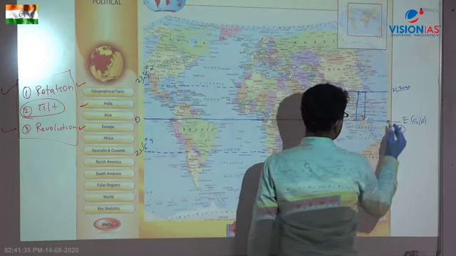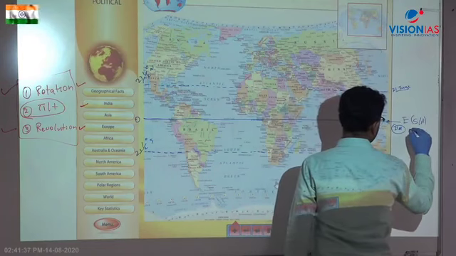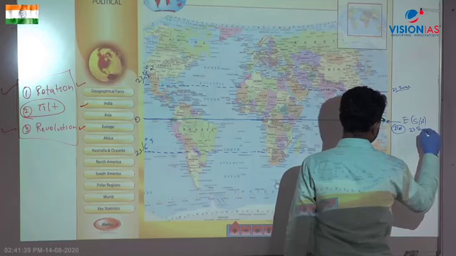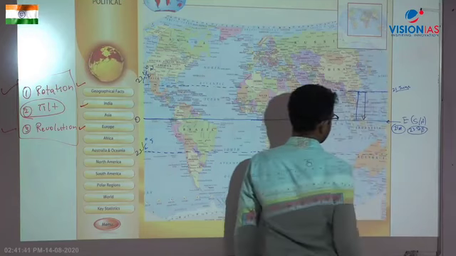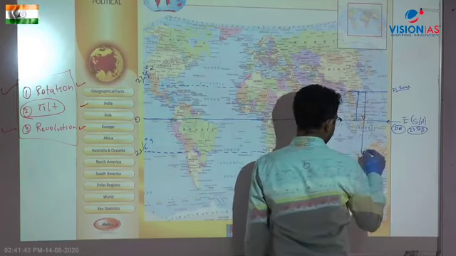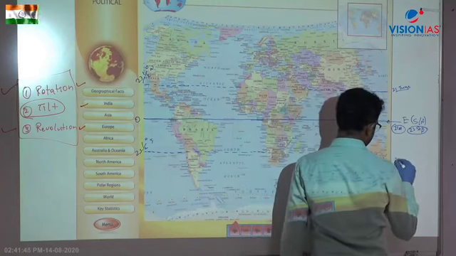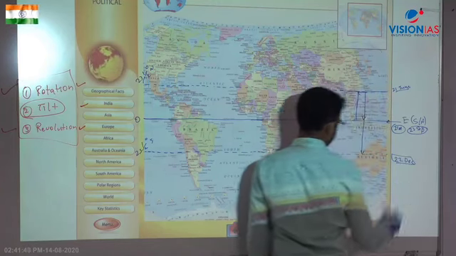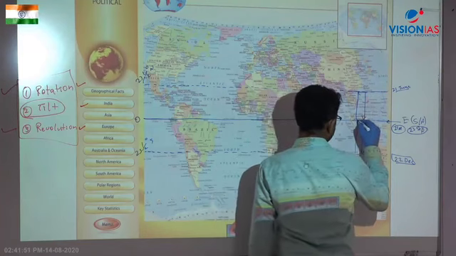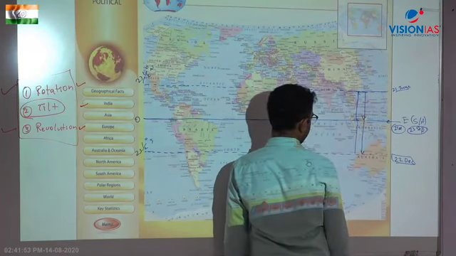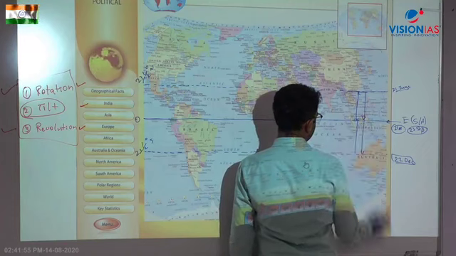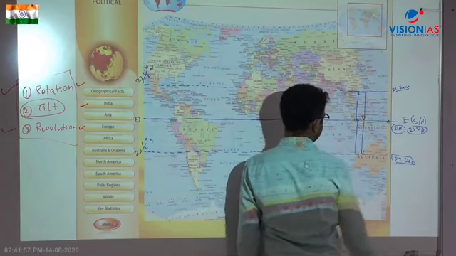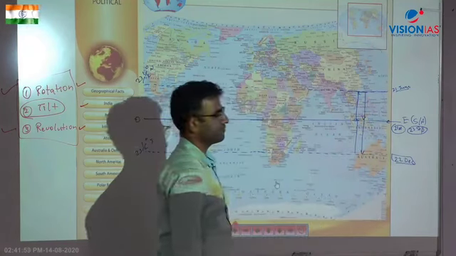From 21st of June it will come back to the equator on 23rd of September. From 23rd of September it will go to the Tropic of Capricorn by 22nd December. From 22nd December it will come back to the equator by 21st of March.